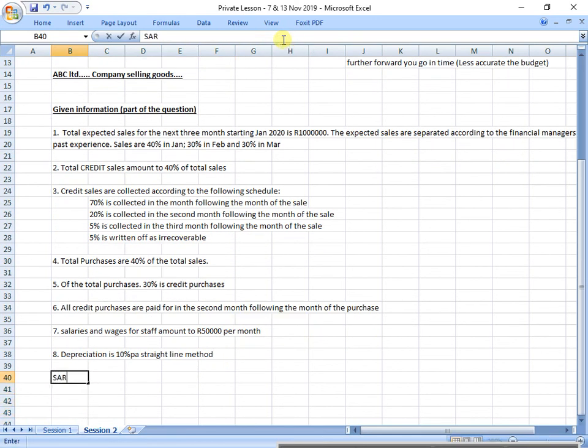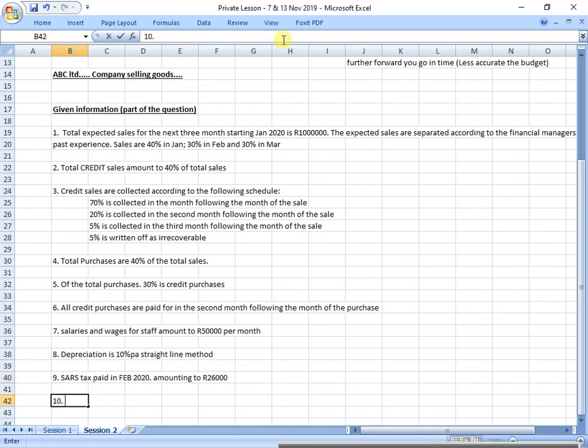Let's add a few more. SARS income tax paid. SARS tax paid in February 2020 amounting to 26,000.